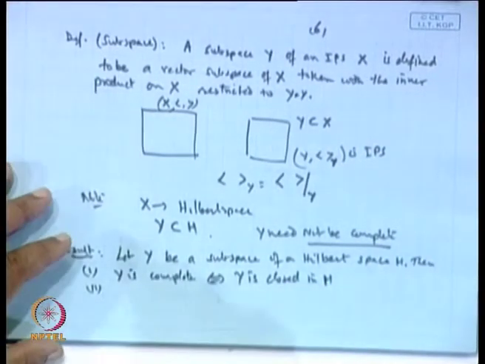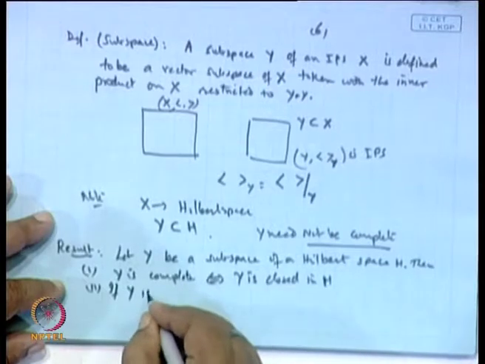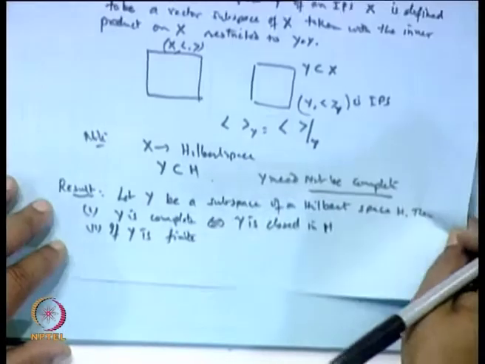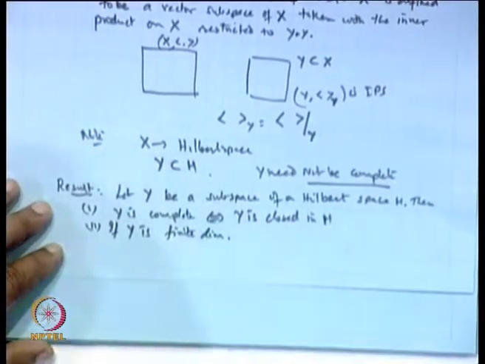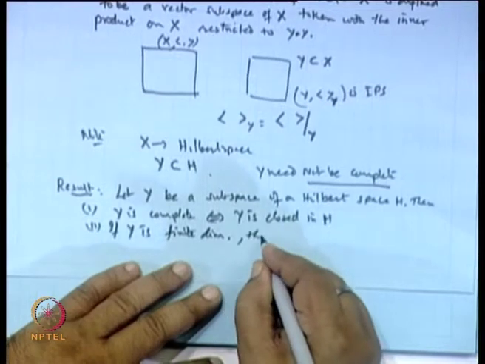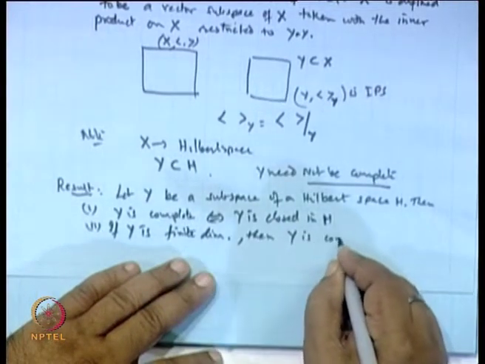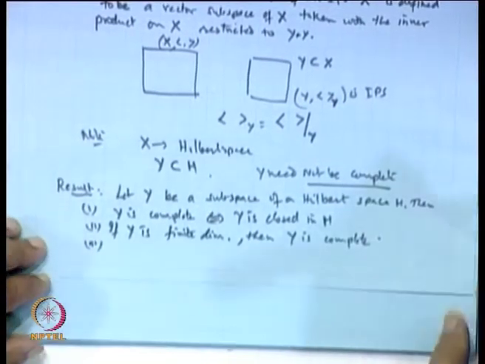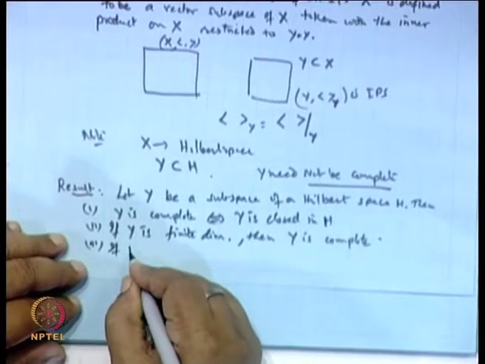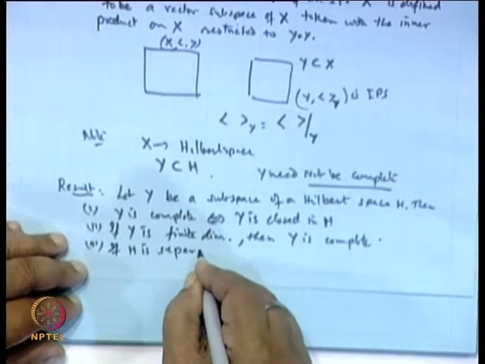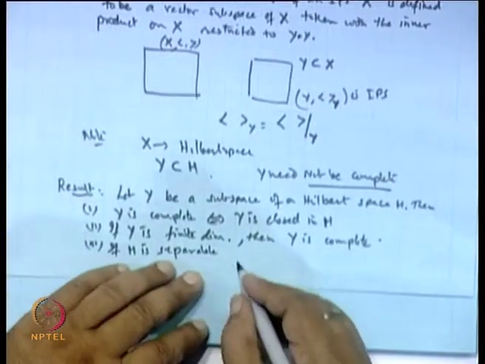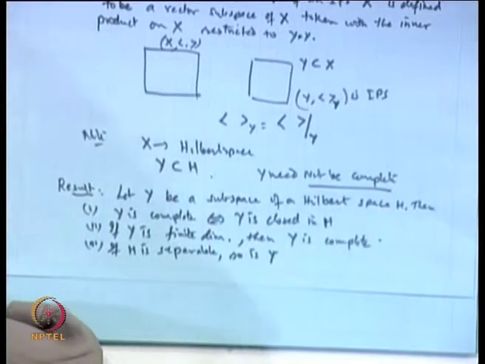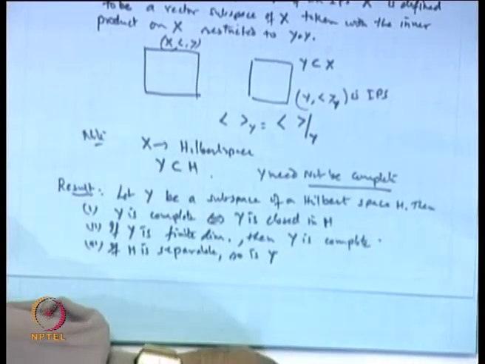So, like this. Then if Y is finite dimensional, then also Y is complete, is it not? And third is, which can be proved directly, if H is a separable space, so is Y. Means every subspace of a separable Hilbert space is separable.